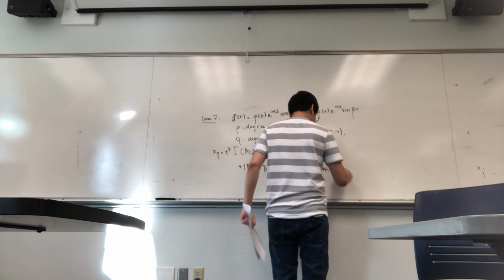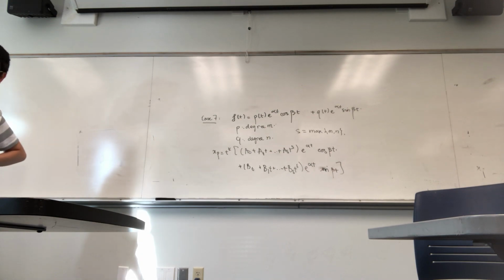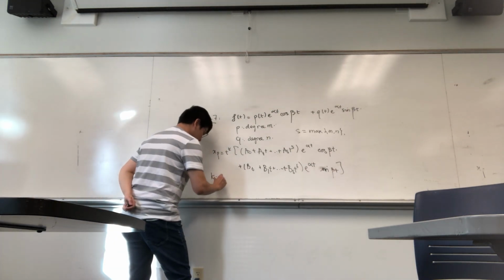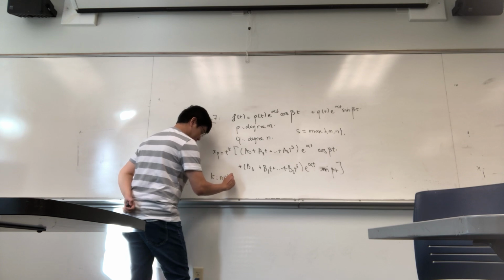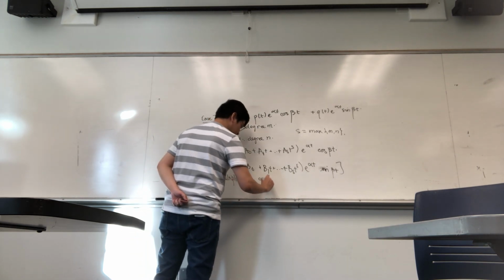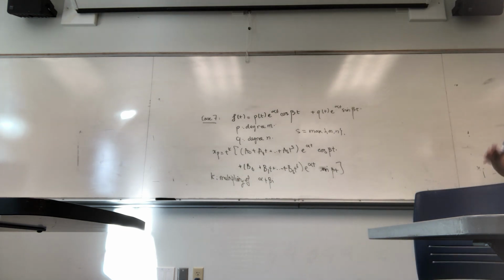Right. So the form becomes more and more complicated when you go to higher and higher cases. Here k will be the multiplicity of alpha plus beta i, right? So I explain again.